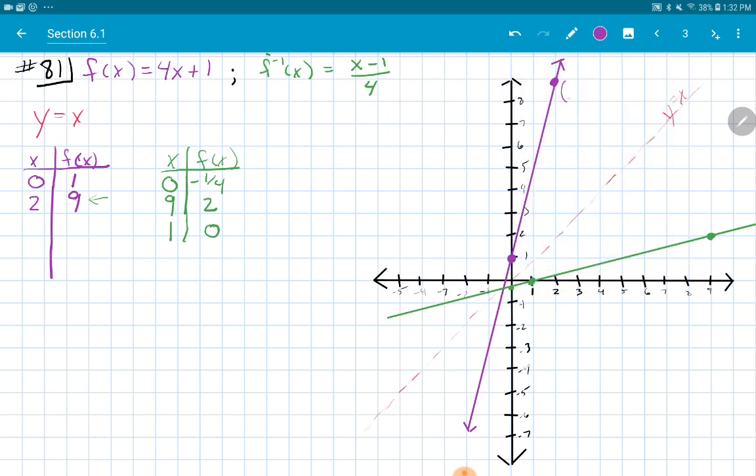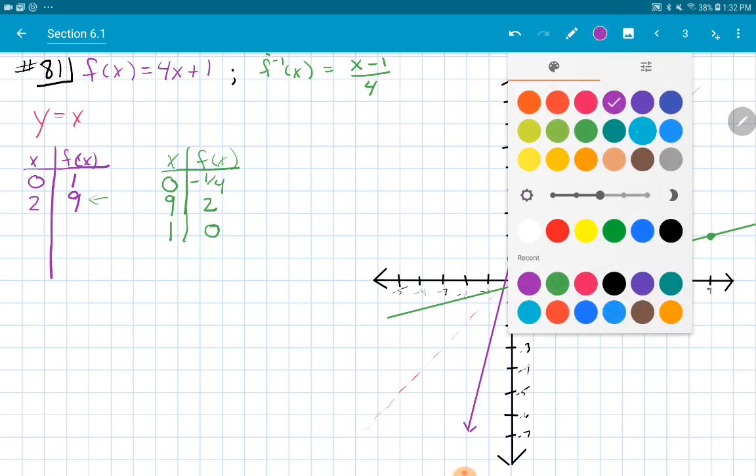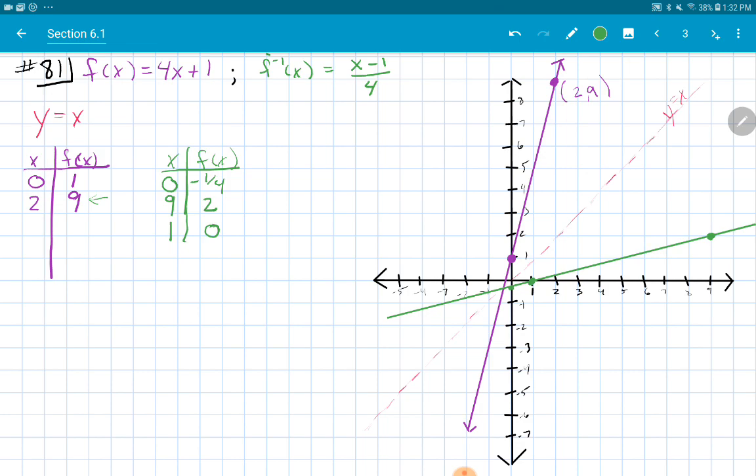We said that this point was 2, 9, and when we plotted the inverse, we found 9, 2, for example.